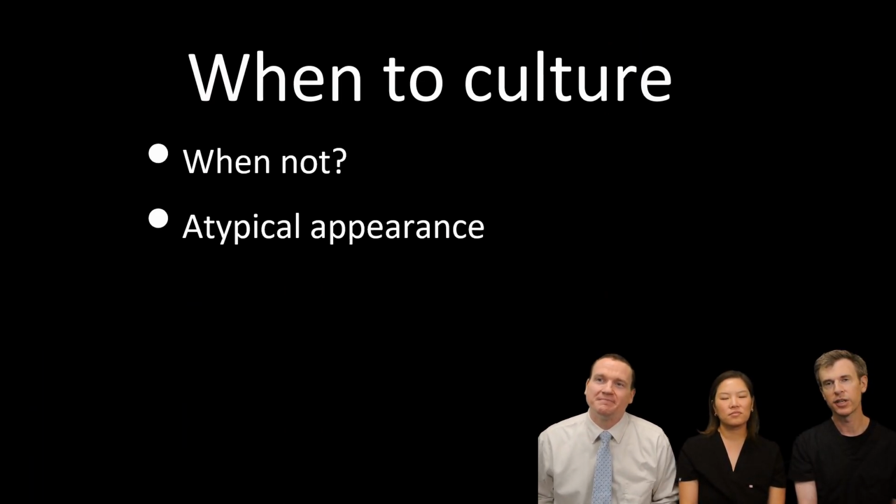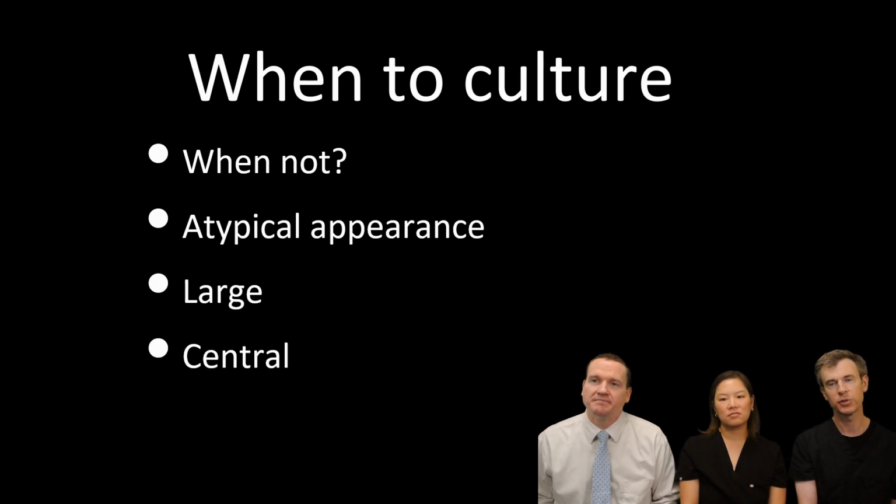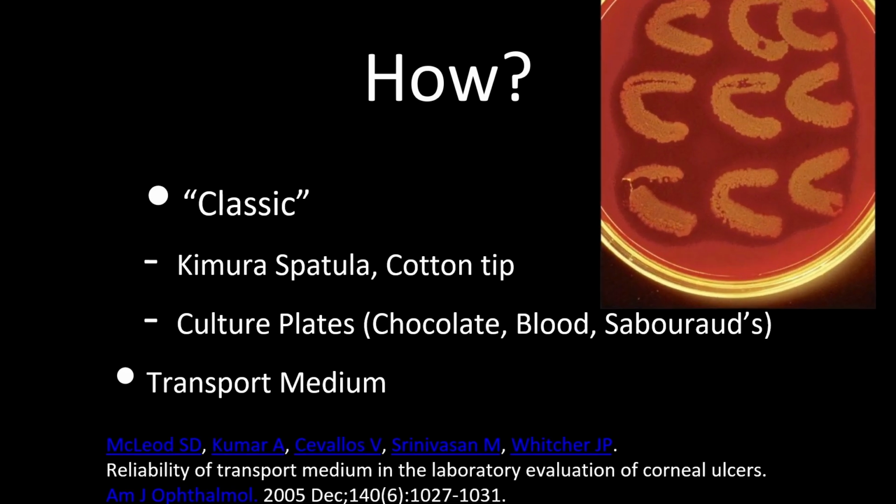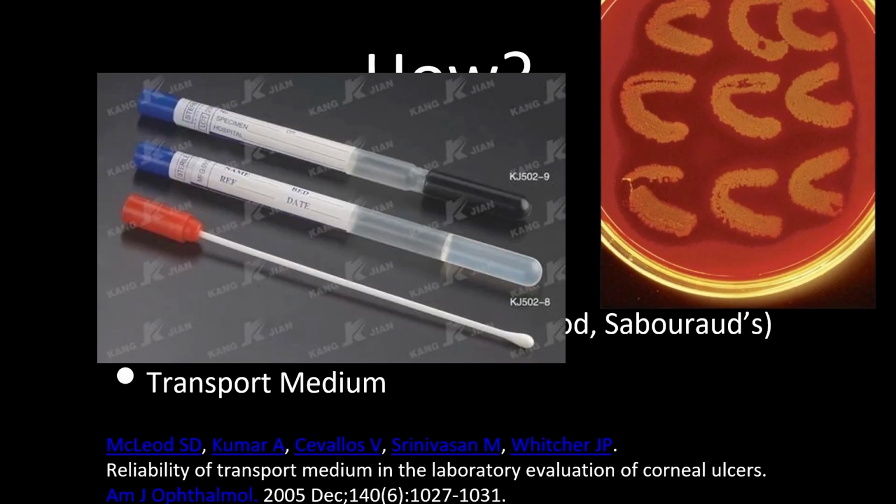So when to culture, we have to determine what's causing the problem. I usually say, culture any atypical appearance, large ulcer, central ulcer, or if visual loss is significant, you should consider it. But if you use a specific technique that we'll show you right now, meaning not the classic one with the plates, but Amies, which is a transport medium, you can get this from the lab.